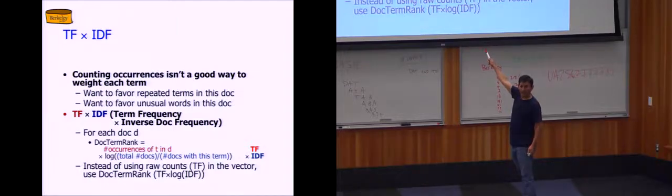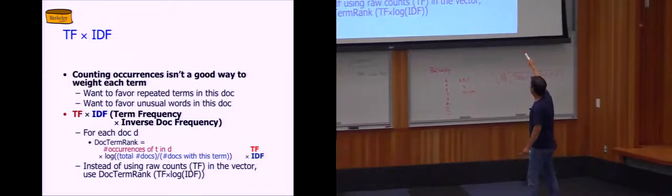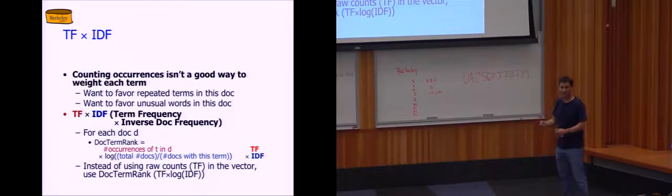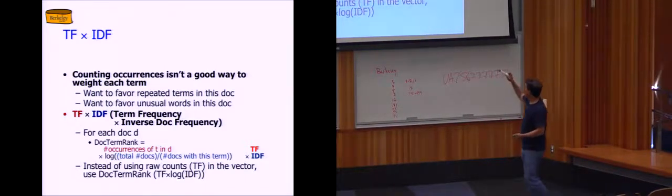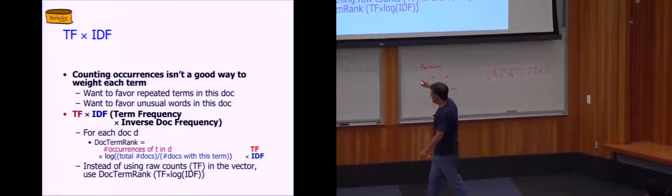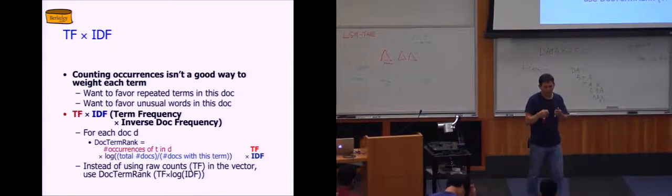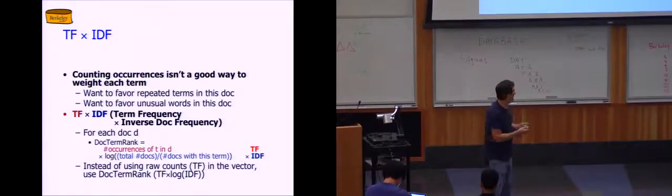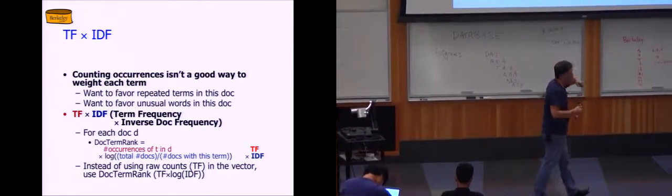So we're going to like things if they have high term frequency, and we are going to like them if they have high inverse document frequency, which is to say they have low document frequency. They're rare terms. TF is the first of those things, repeated. IDF is unusualness. So then instead of using the raw counts we were doing before, which is just TF, we're going to weight all our occurrences in this vector with log IDF.